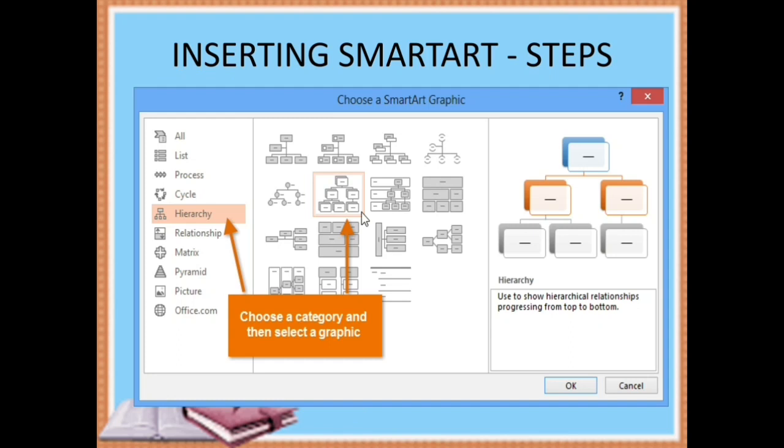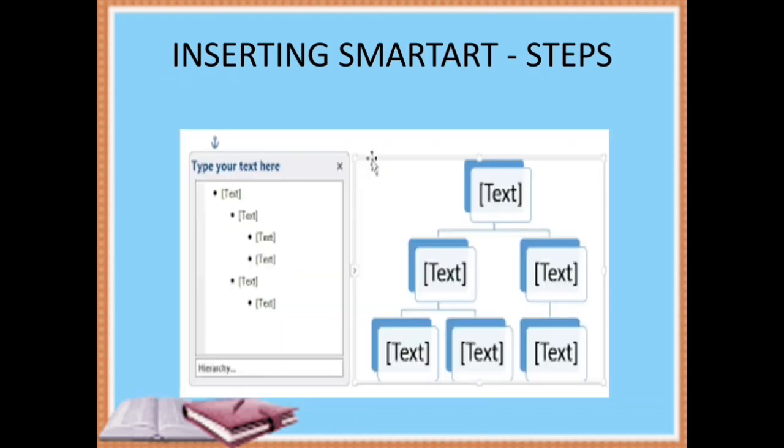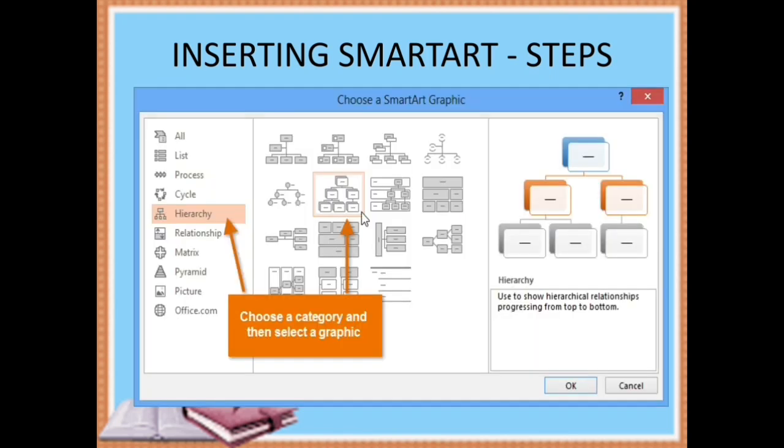When you select the SmartArt, you can get this image. In this image you have to choose anything. Here now I have to choose the hierarchy model, that is the tree model. This is your book example only.